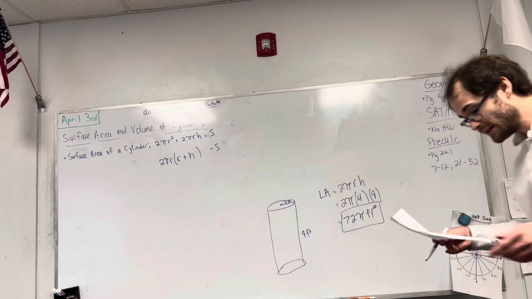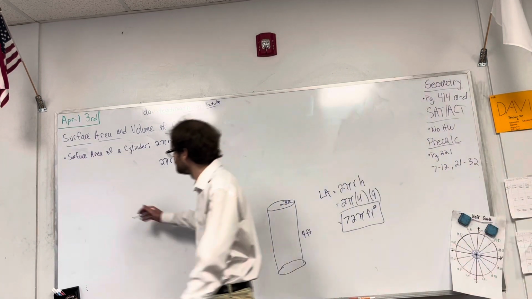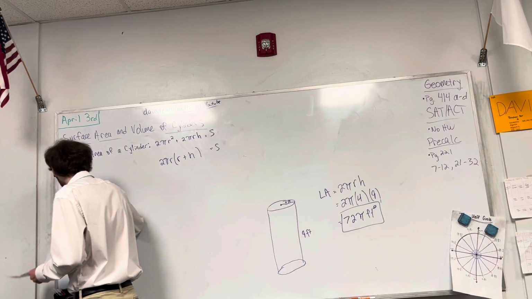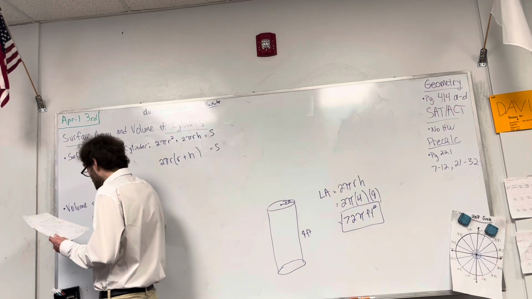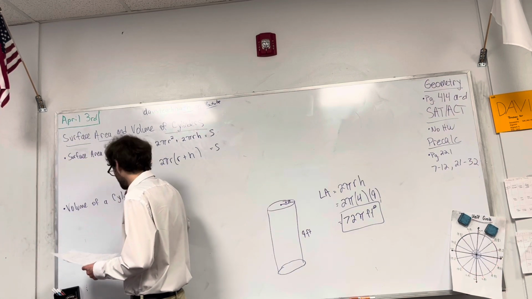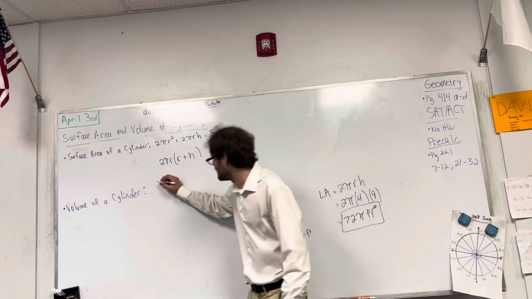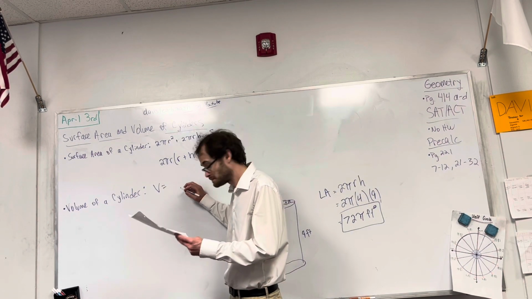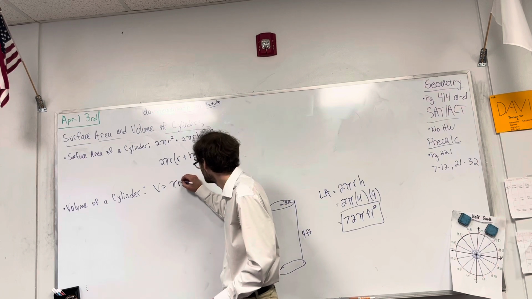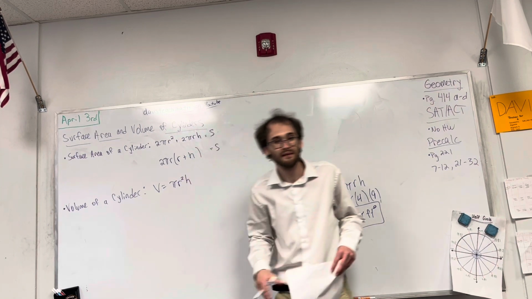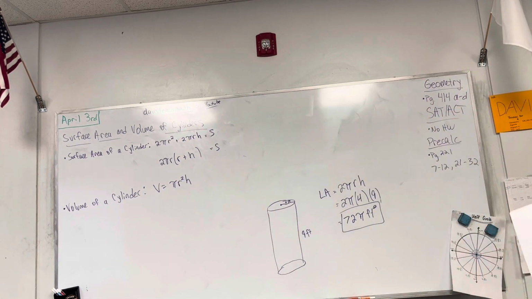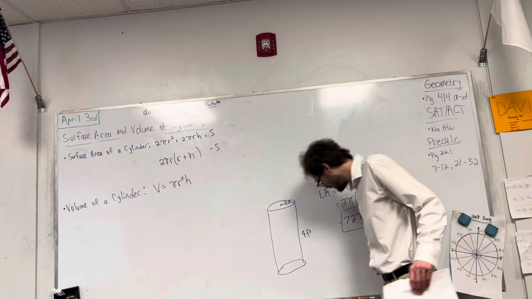Okay, and while I'm at it, let's go ahead and get the volume on here as well. That formula is going to be, I will not forget my letters this time, V equals pi r squared h. Now I'm going to point out something kind of neat here.